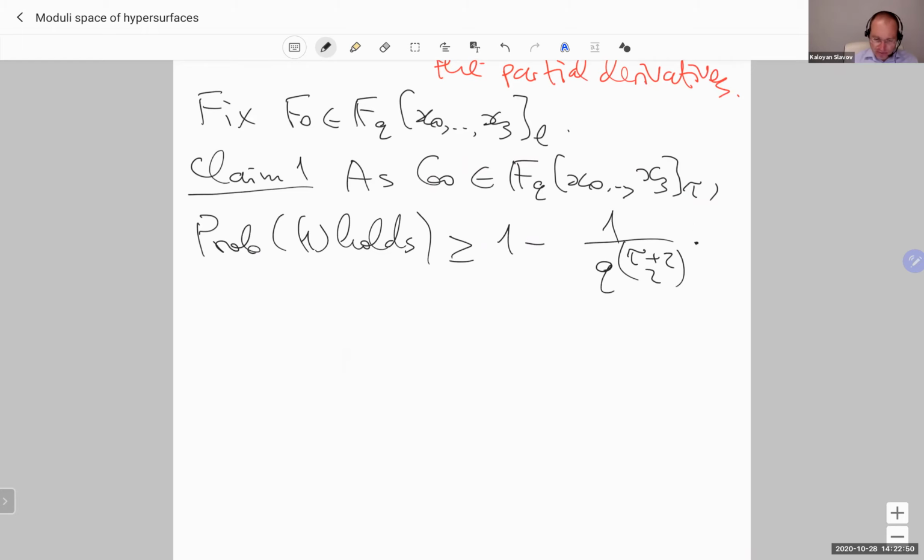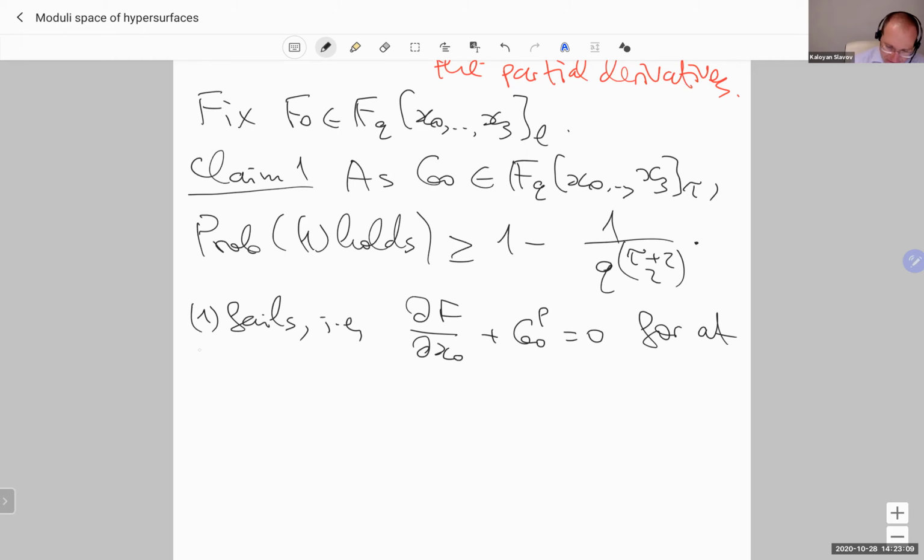That's very easy to prove, because the only way 1 fails, i.e. df/dx0 plus g0 to the p is equal to 0, is for at most one value of g0. If you know that this is 0, there is at most one such value of g0.